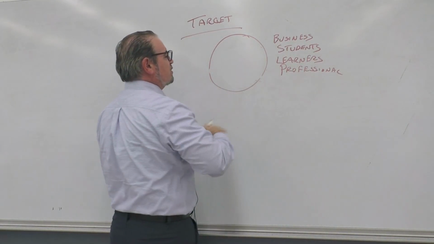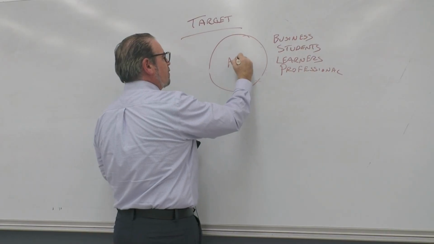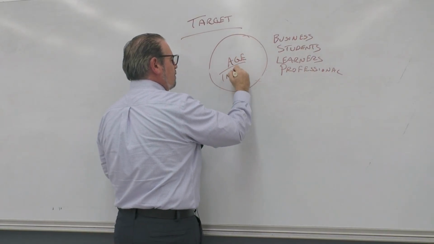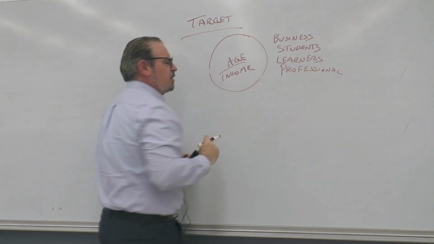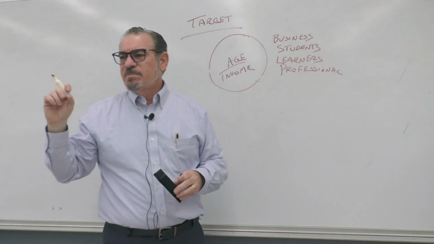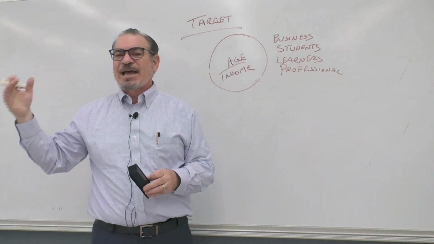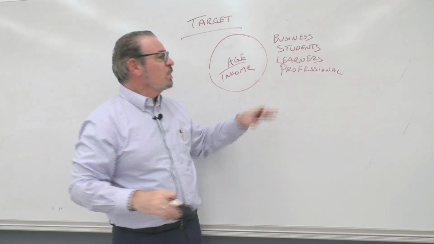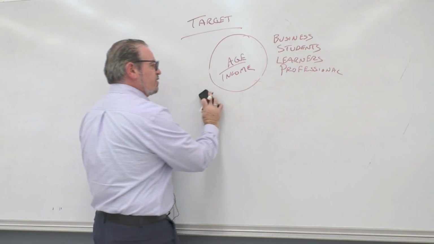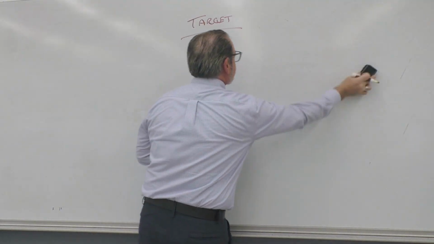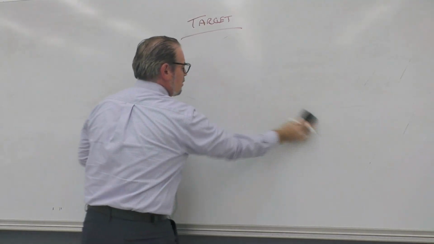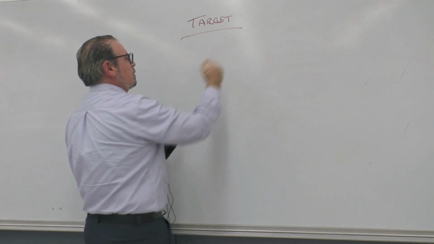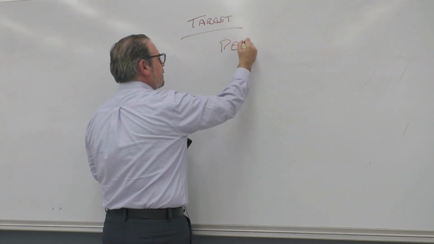You can also use age, right? You can use income. So there's a lot of different demographic and psychographic profiles that you can pick to get to the target. Now let's explain this a little further. Let's break this down and let's talk about your persona, okay?